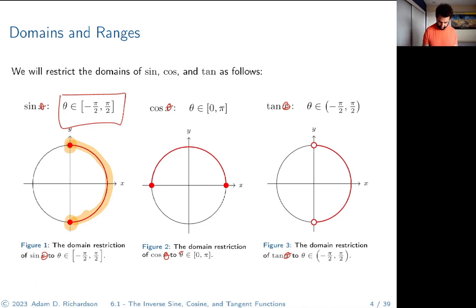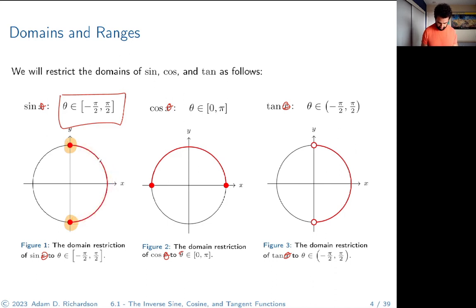If I pick a point on this curve, sine is the vertical distance here, the vertical displacement. One of the nice things about this choice, as we're going to see in the next slide, I believe, is that we will be able to recover all the possible outputs of the sine function using this domain restriction. So sine is going to be restricted to negative pi over 2 to pi over 2.